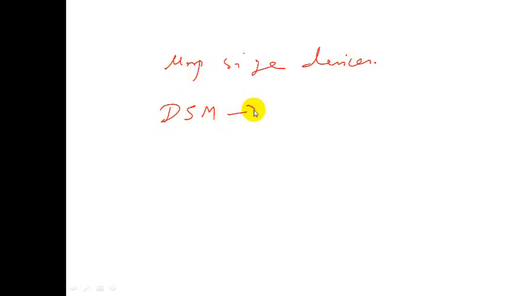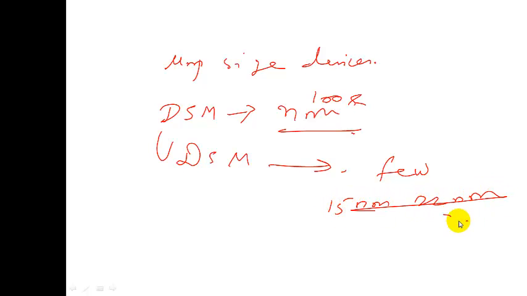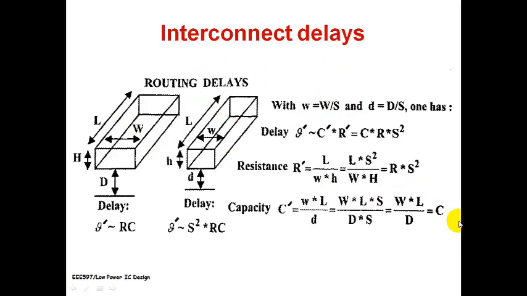In the case of deep submicron, we went for nanometer devices, and we now call ultra deep submicron where very few nanometer. Here when I say hundreds of nanometers, it is going to be even maybe around 10 nanometer, 11 nanometer, 15 nanometer device, 22 nanometer device. All these now we are working, whether it is a FinFET or any other IGFET devices, it is going to be of such a order that we are working.